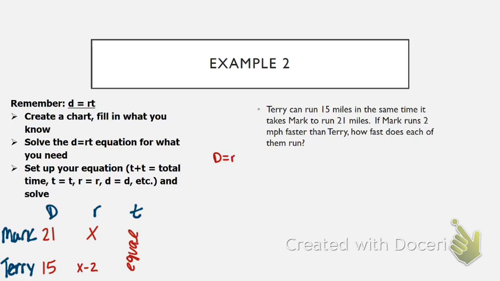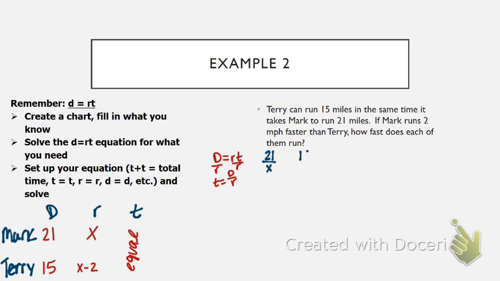Just like the last one, the equation we're keeping in mind is distance equals rate times time, but time is more important. So time is distance divided by rate. Mark runs 21 miles at X speed.